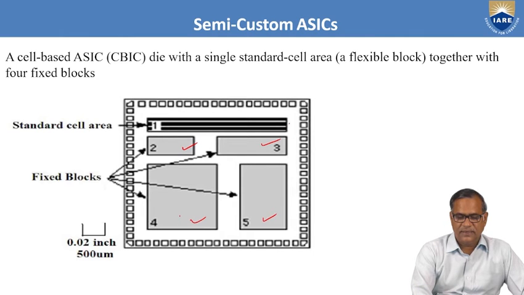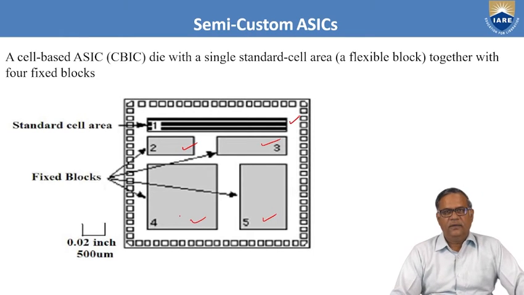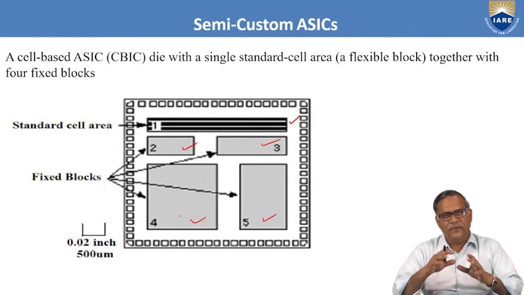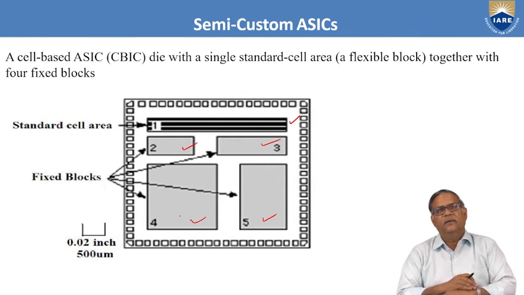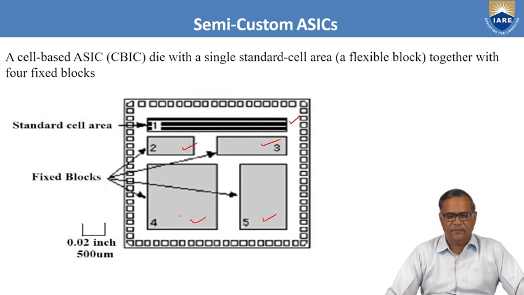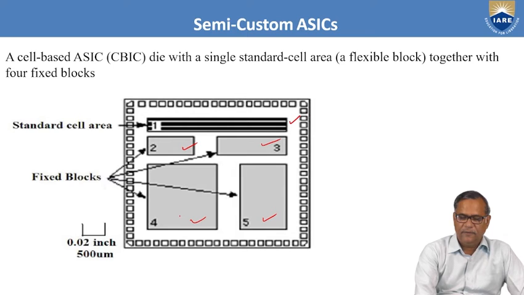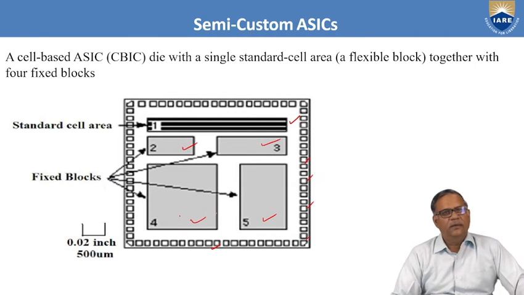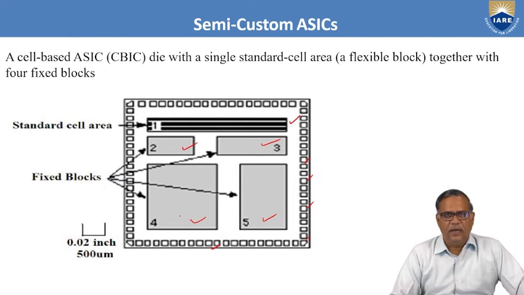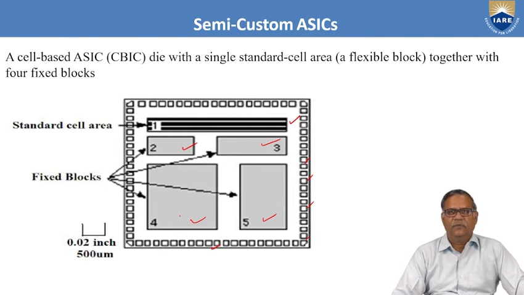And this is the standard cell area. The interconnection is done between these modules as per the specifications of the product which is to be designed. And these are all the input output pins, and the connection is carried out as per the requirement of the customer. So this is the layout of a CBIC.